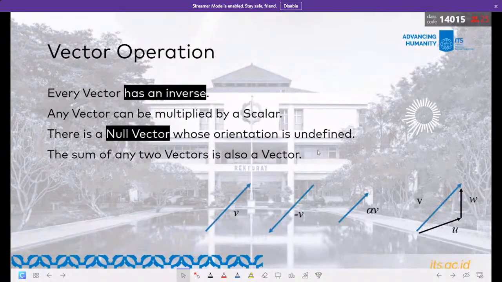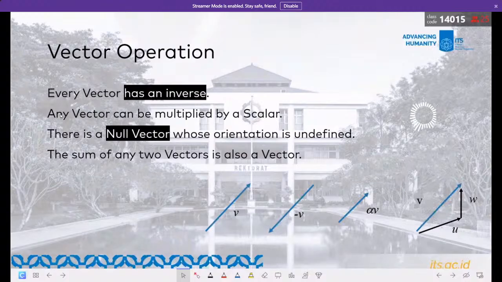And then to these vectors, we can do several things. We can operate on vectors in several ways. For example, take an inverse, and actually every vector always has an inverse. The inverse of v is negative v, and it goes in the opposite direction with the same magnitude.